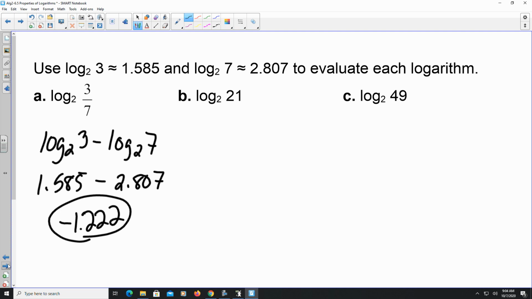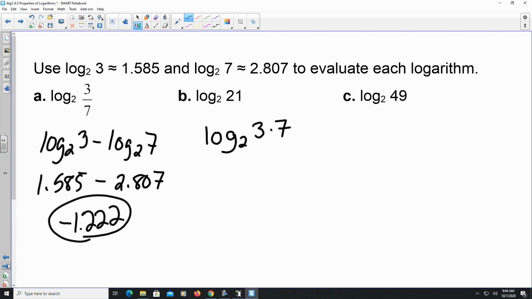If I look at B, I have log base 2 of 21. Again, I can't do anything else with that, but I know that I can rewrite 21 as 3 times 7, because 3 times 7 is 21.